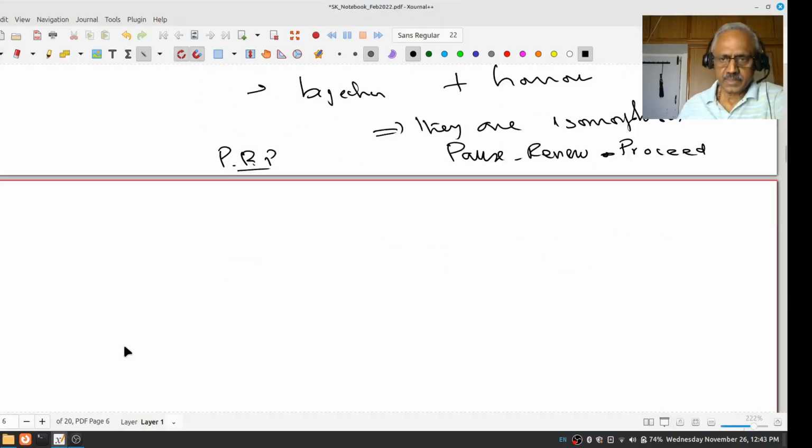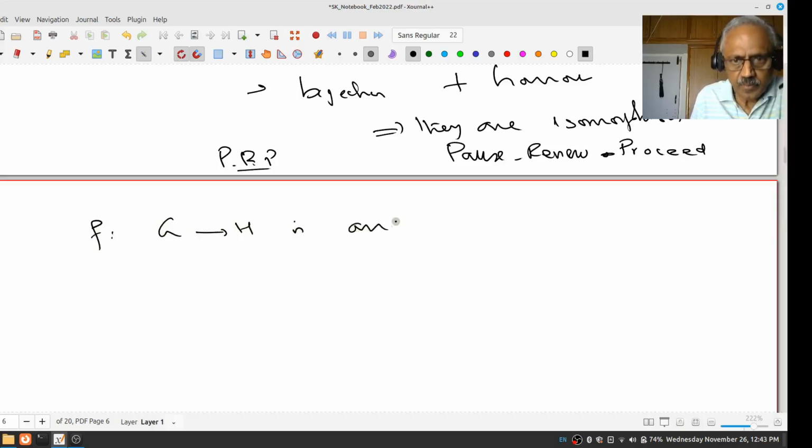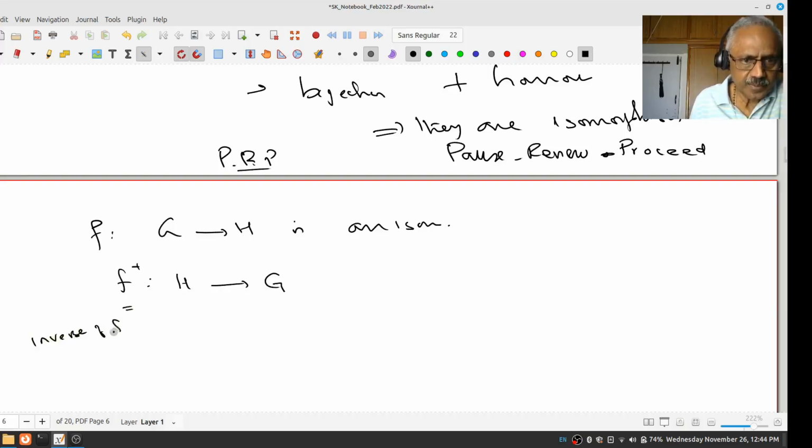Right? Okay. Before we go further, let us make a definition. Suppose F from G to H is an isomorphism, then F is a bijection in particular, right? Therefore, F inverse will be a map from H to G, because this is the inverse of F. Because F is a bijection, it has an inverse.